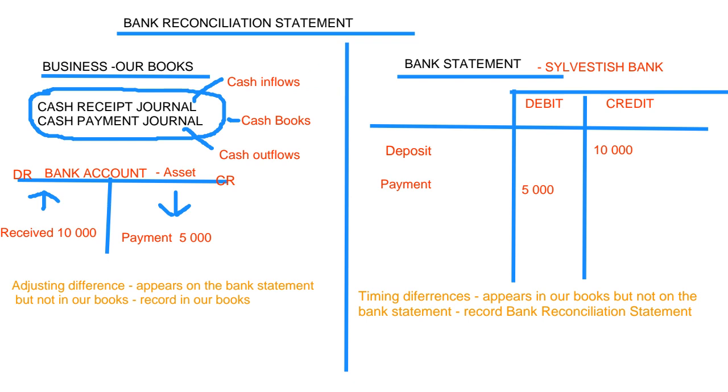The question will help us when we start recording. In short, cash receipt is CRJ, and the cash payment is called CPJ.